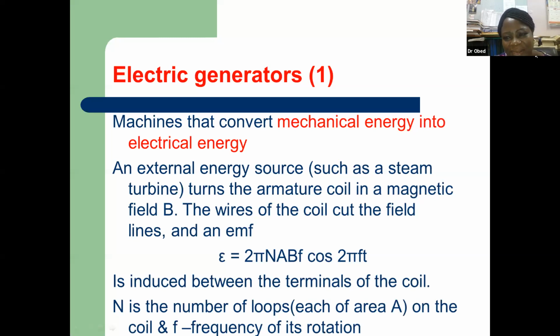Please don't interrupt now. So we go on to electric generators. Electric generators are machines that convert mechanical energy into electrical energy.